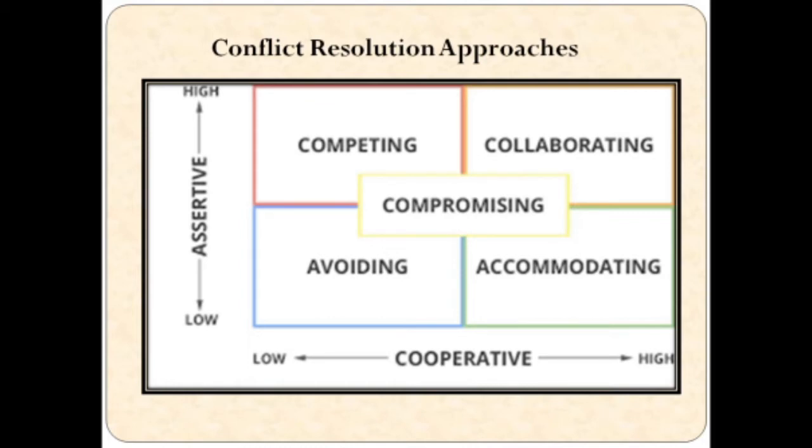Conflict arises from different perspectives and interests, but the shared goals encourage concern for the perspective of others. This is why team members tend to use collaboration and accommodation when resolving internal conflicts.